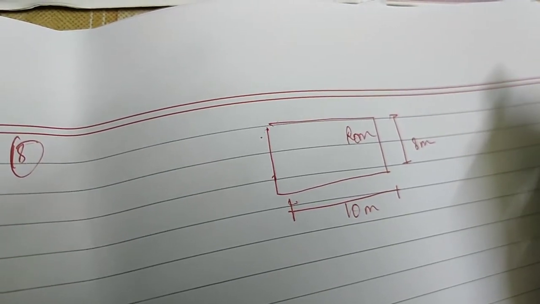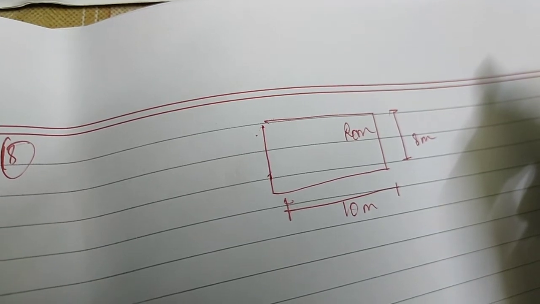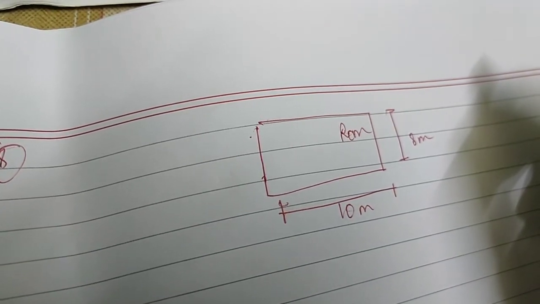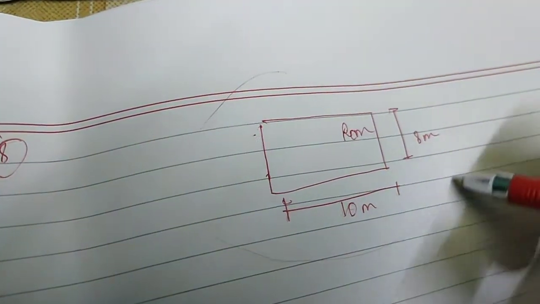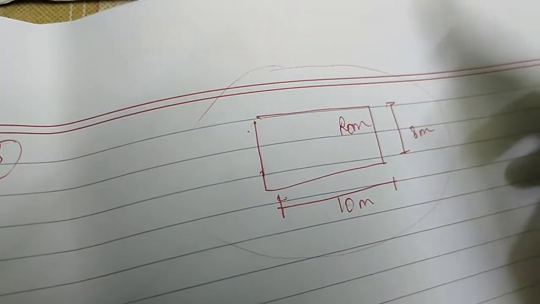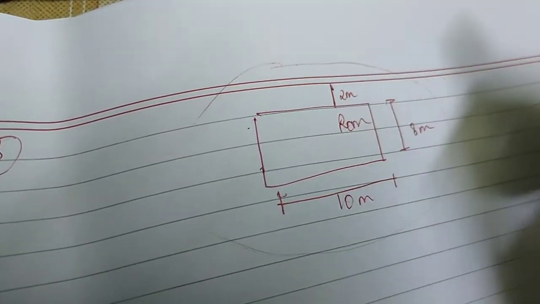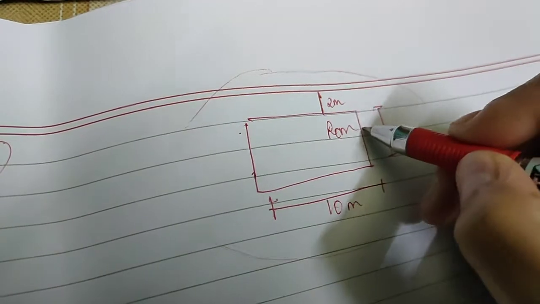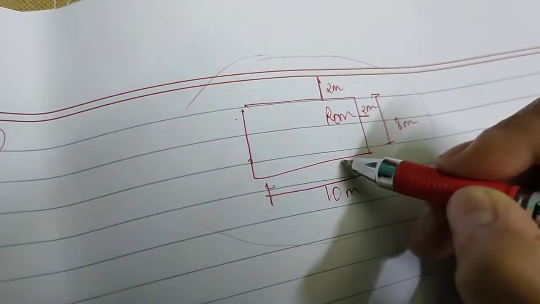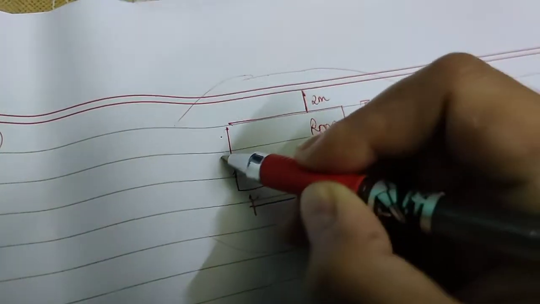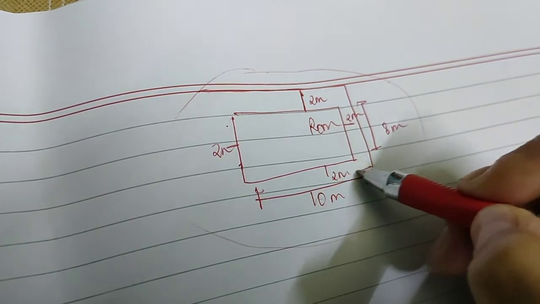Now it says this room is surrounded by a veranda which is 2 meter wide. So say this distance is 2 meter. Surrounded means on all sides. Say this distance is 2 meter, 2 meter and 2 meter. So the veranda will be like this.